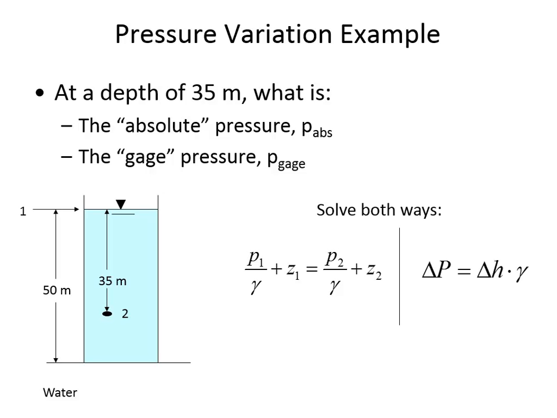Gamma, the unit weight of water, tells you how quickly the pressure is increasing as you go downward through the fluid. So every 1 meter of water that you go down, the pressure has increased 9810 pascals, or 9810 newtons per meter squared, for every 1 meter of elevation you go down through. Any questions about that example?